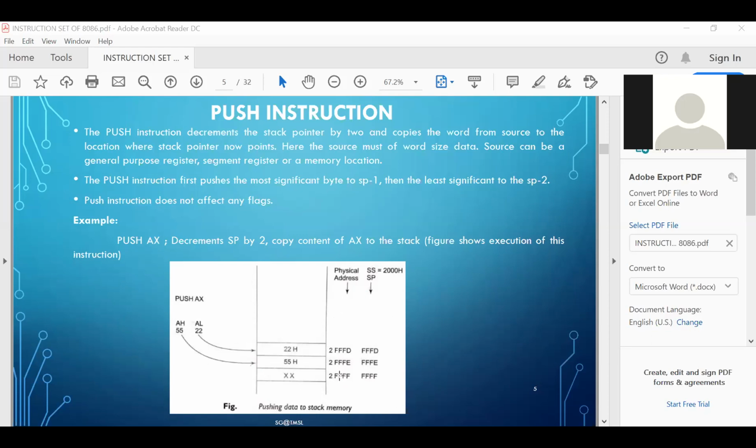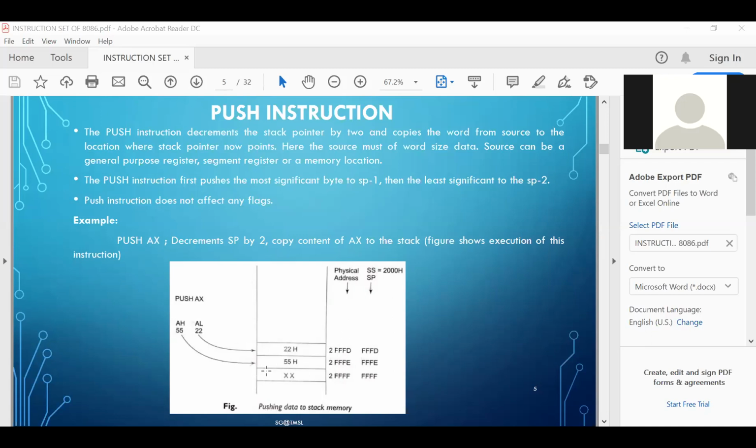In this way, the stack memory location is decremented by 1.